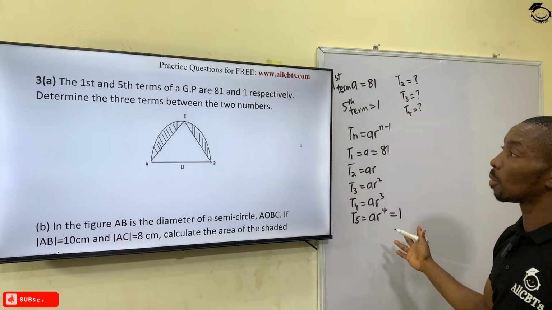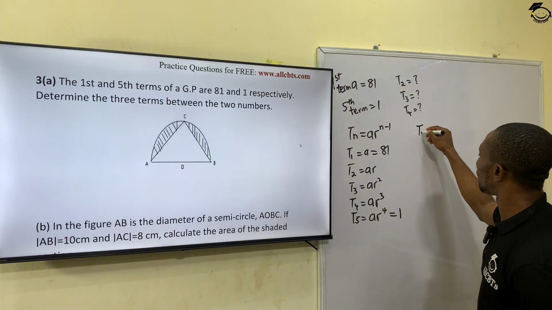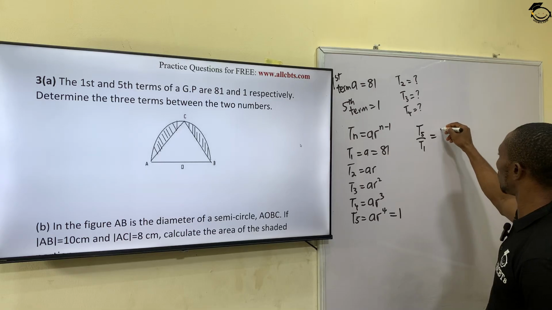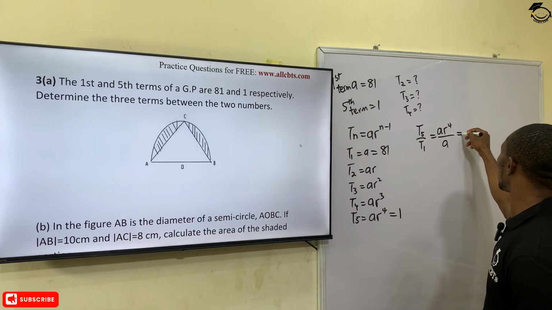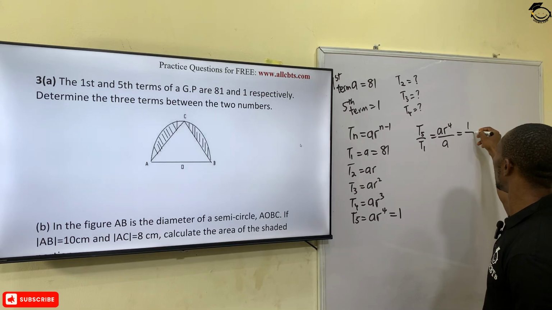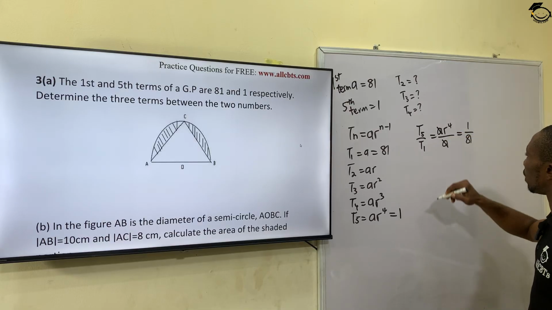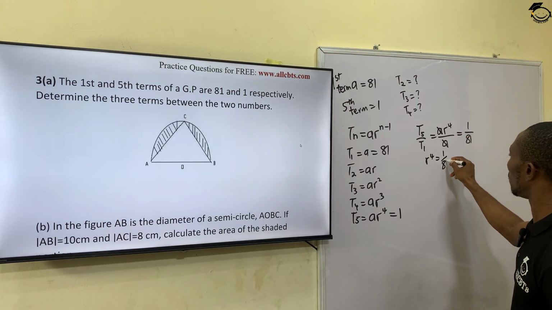To find our common ratio, we do T5 divided by T1. This is AR to the power 4 divided by A, which gives us 1 over 81. We cancel A, leaving R to the power 4 equals 1 over 81.